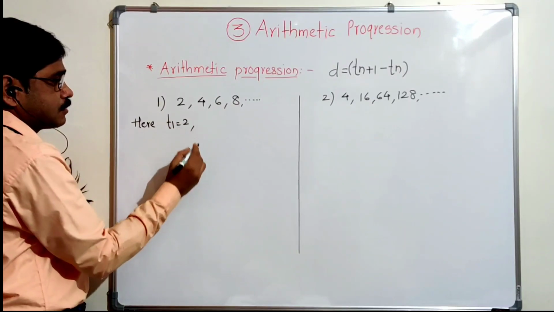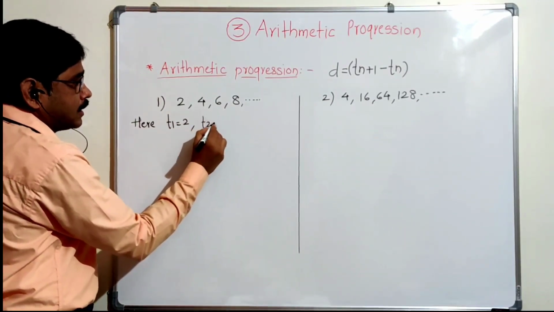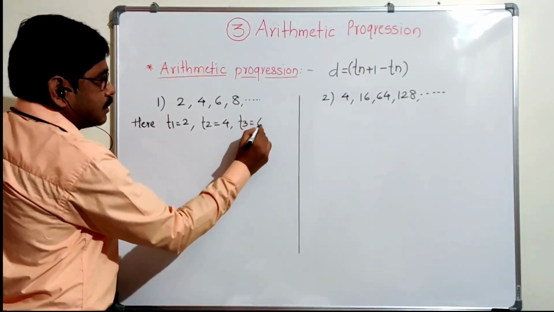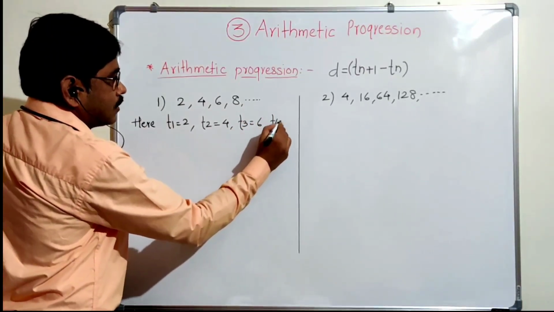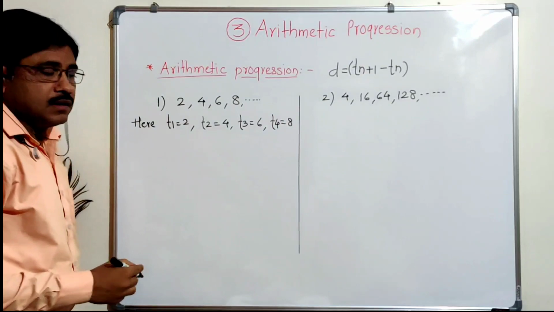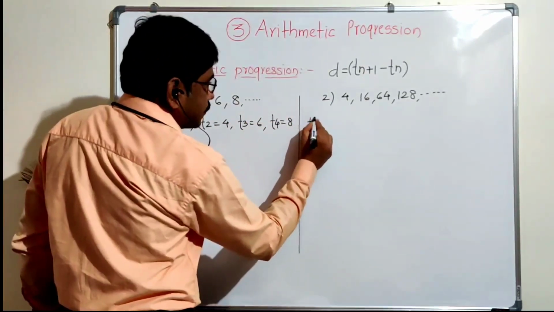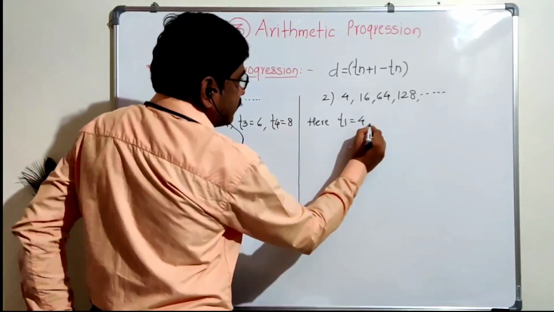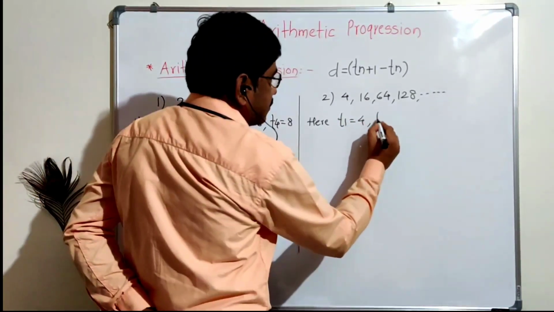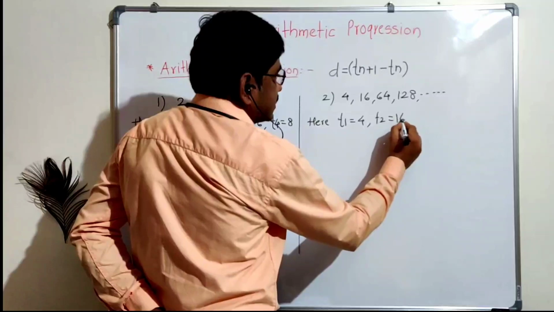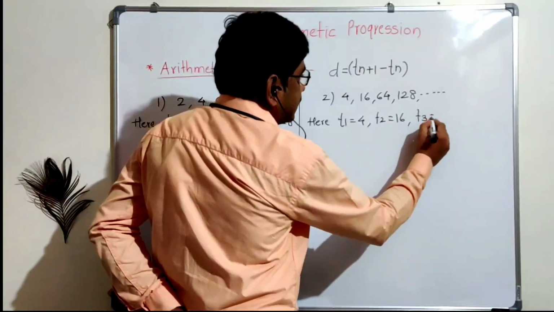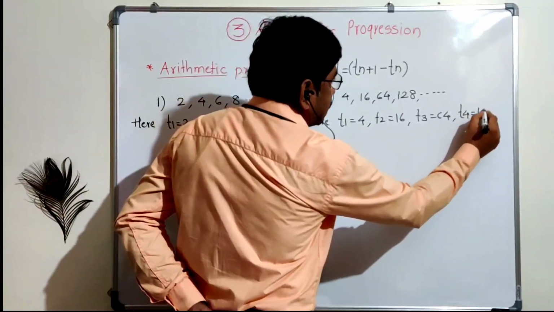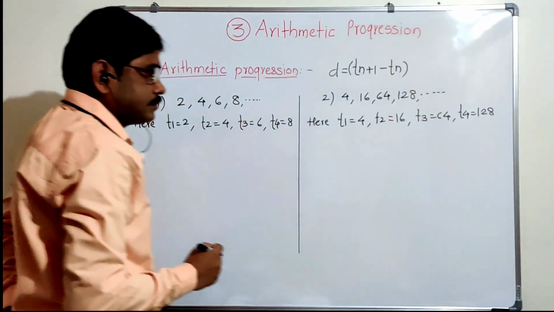T1 is equal to 2, T2 is equal to 4, T3 is equal to 6 and T4 is equal to 8. In this example also, the first term T1 is 4, second term T2 is 16, T3 is 64 and T4 is 128.